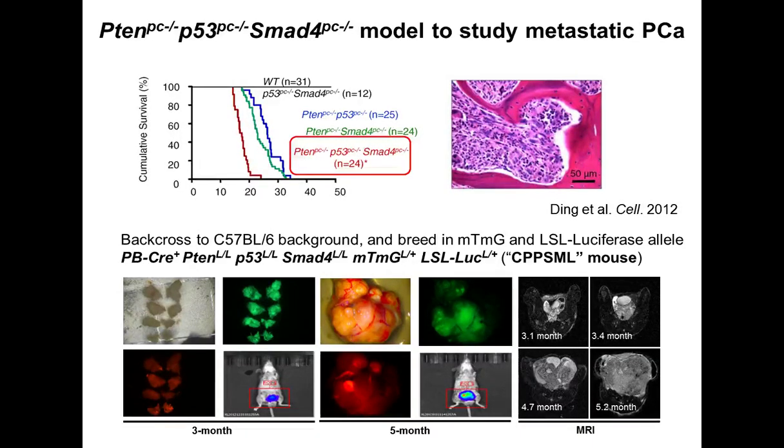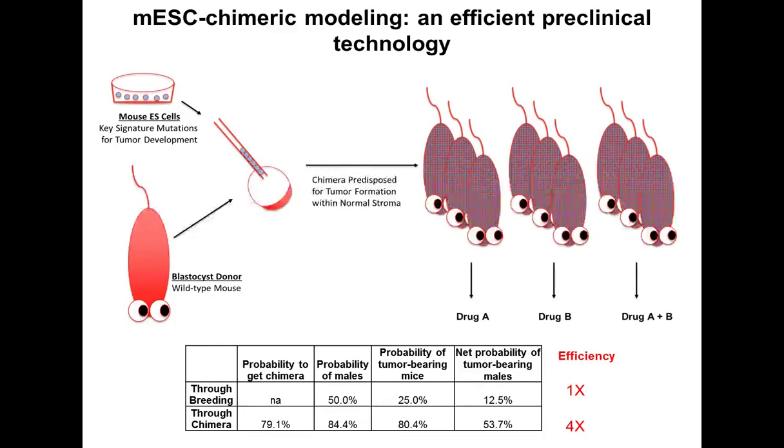But we also ran into another problem, which is that this mouse model, based on this probasin-Cre allele driver, is not easy to breed because these males have prostate cancer. They have very low fecundity. So the problem is how can we overcome this so that we can have large cohorts in a short period of time for preclinical tests.